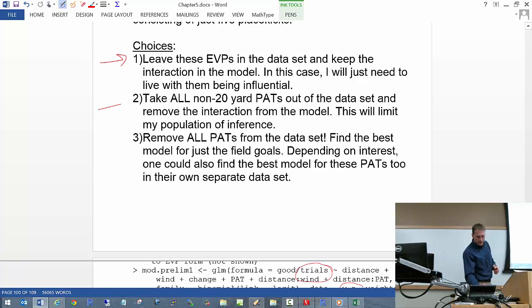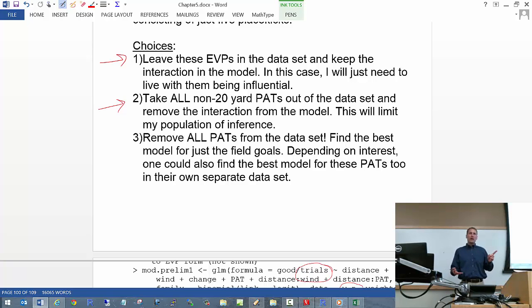Choice number 2. We saw that these observations had a common characteristic: they are non-20-yard PATs. This is something that doesn't happen very often in football. So, how about we remove all non-20-yard PATs, not just 119 and 120, from my data set, and re-estimate my model, or try to find a new model for this reduced data set.